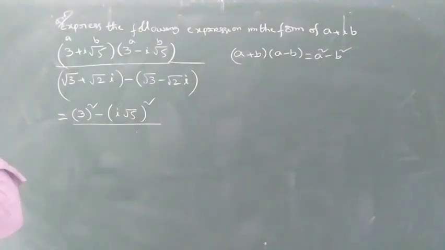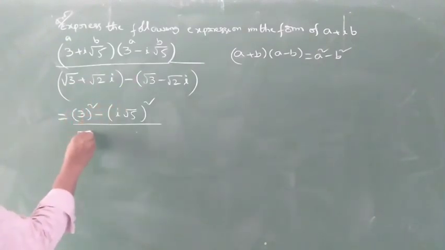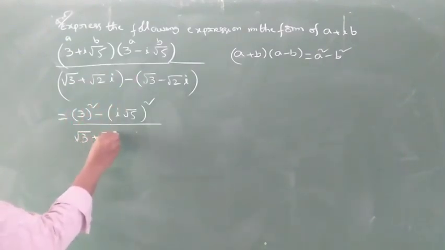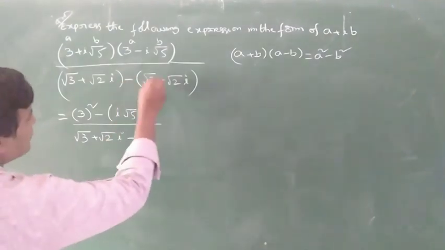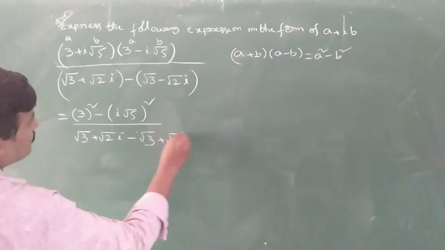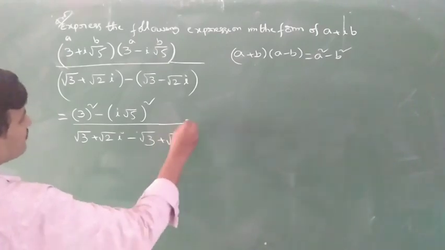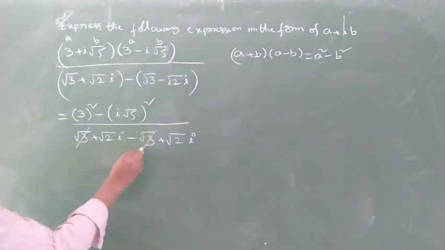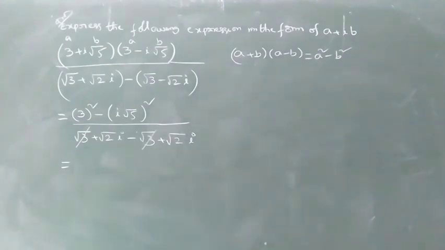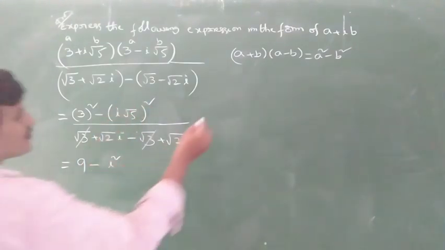Here expand the brackets: root 3 plus root 2i minus root 3 minus into minus plus root 2i. Remove the brackets. So plus root 3 minus root 3 cancel. 3 square is equal to 9 minus i square into root 5 whole square.